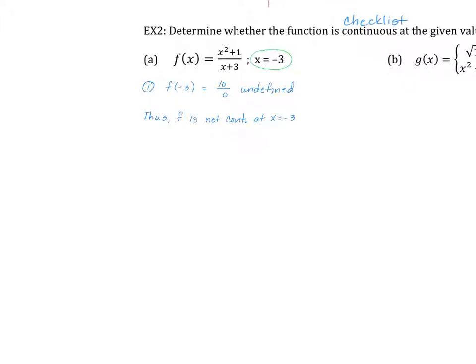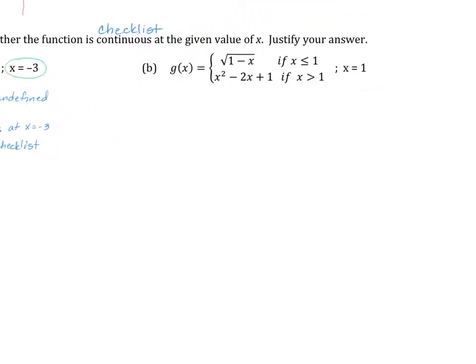The justification is by the continuity checklist. Okay, so one condition is not met, I can stop, it's no longer continuous. Well, let's look at the next example, B.